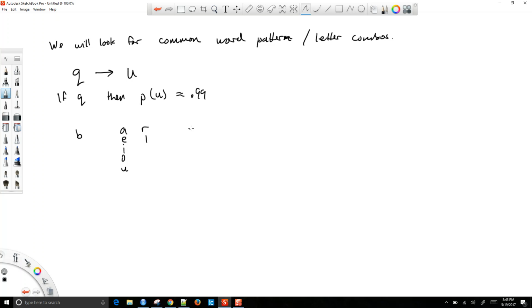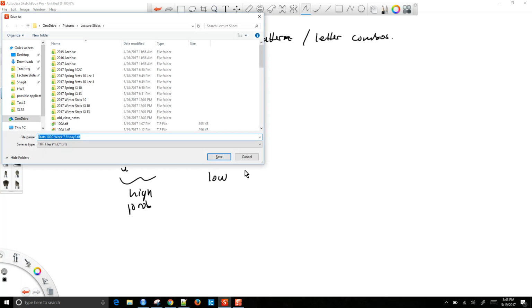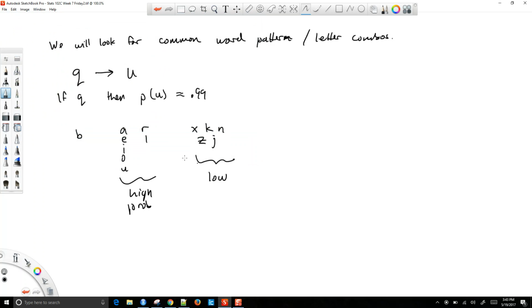But X will have a low probability, K and N and Z, and there's a bunch of letters that we would say should not come after the letter B. So we can start establishing sets where we can measure what makes sense and what doesn't. When we see the deciphered text, if we see BX and BK as part of the words, we're going to be like, man, this doesn't seem quite right.